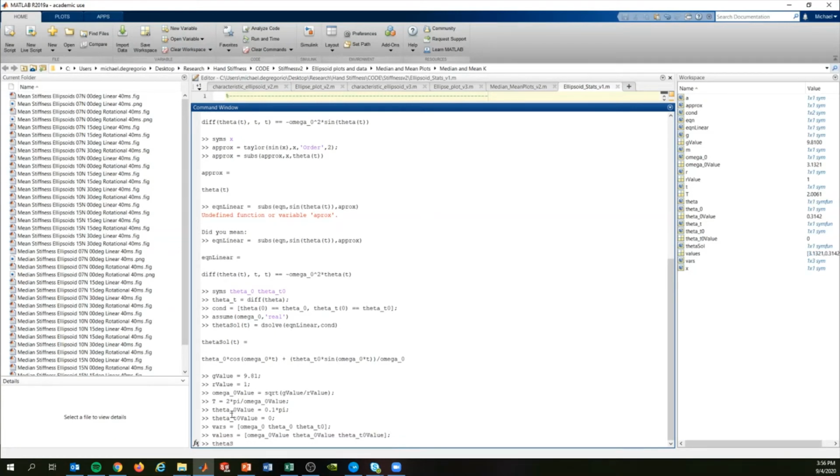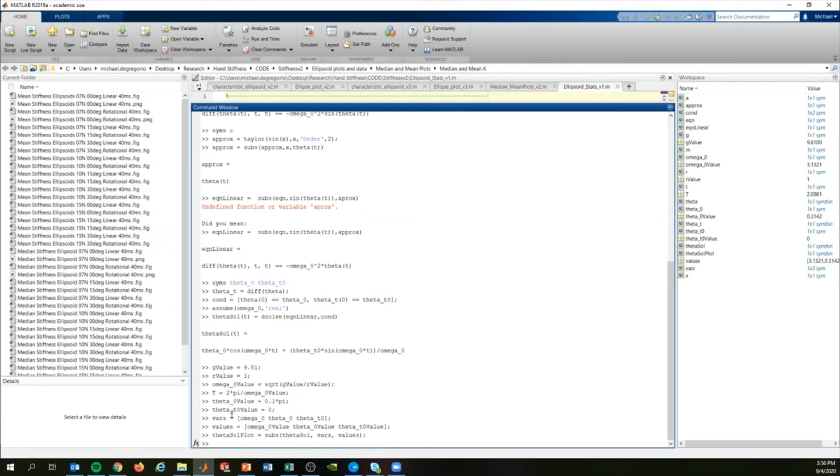Then theta SOL solution plot. Well, we're going to substitute into theta solution our variables and our values.